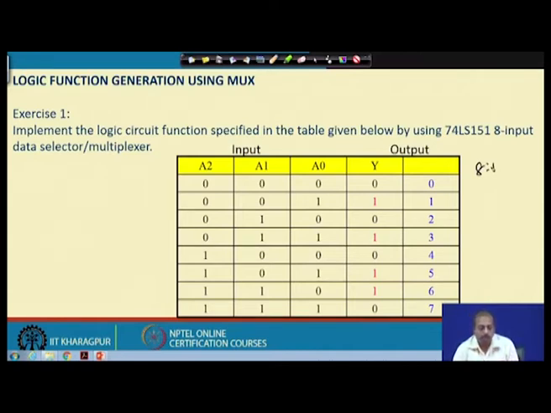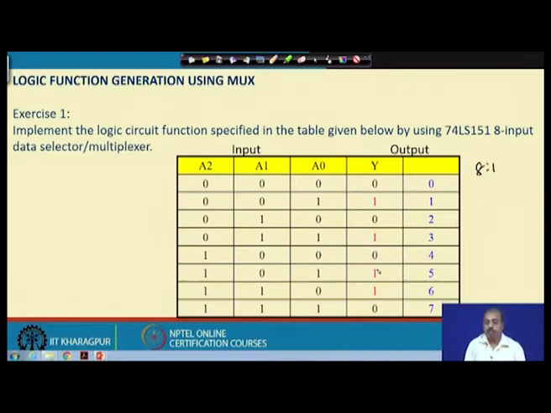Suppose this is the function that we want to realize. This is a 3-input combinational function. For the combinations 001, 011, 101 and 110, the output should be 1, and for the rest of the places the output will be 0.